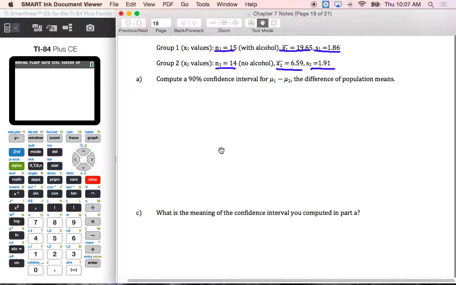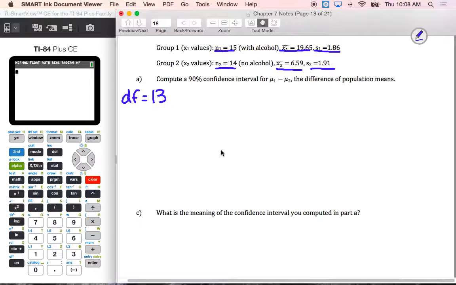So again, if you are confused as to whether to use N1 or N2 for degrees of freedom, go with the smaller one. So always stick to the smaller N. So if I look at my two groups of 15 and 14, 14 is smaller, so the degrees of freedom that we would use here is 13.